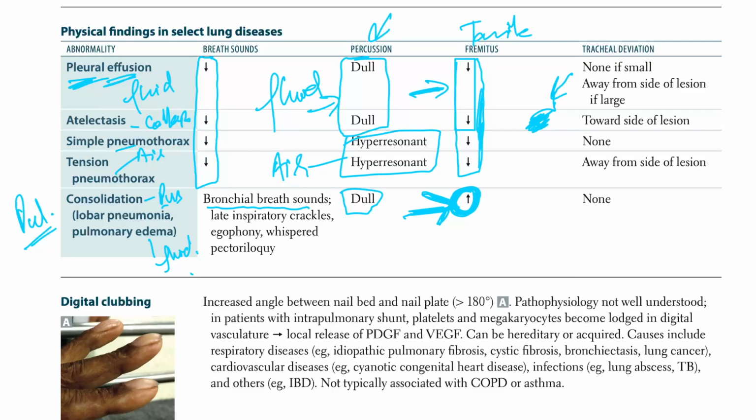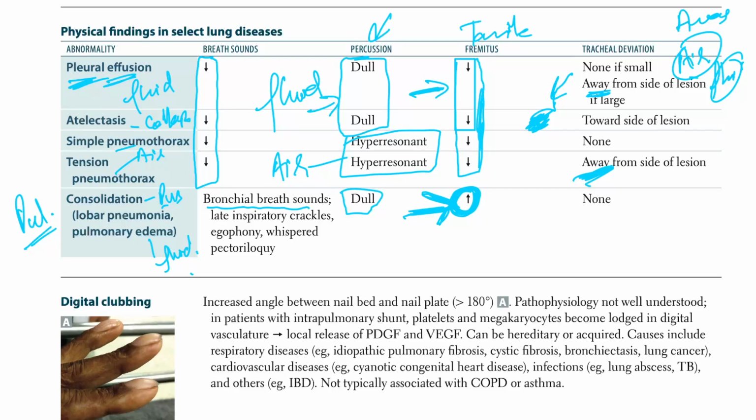On the other hand, if you have a lot of air, or a lot of fluid, or air in the pneumothorax, it's going to be away. So air, fluid, away. While atelectasis is just going to be towards the collapse.